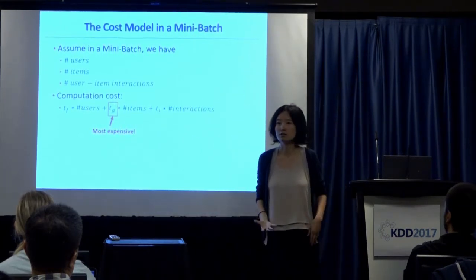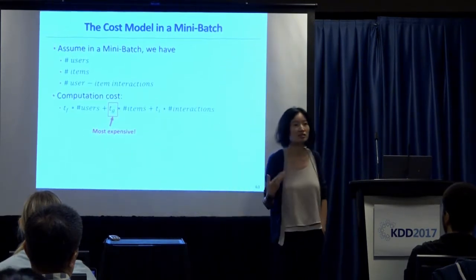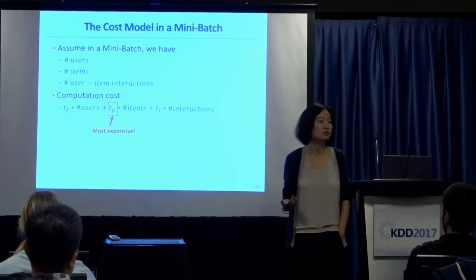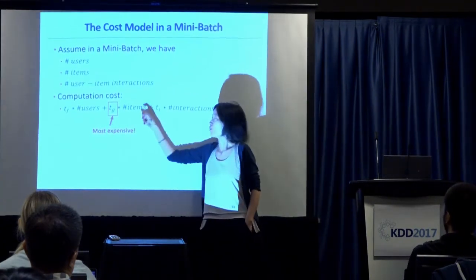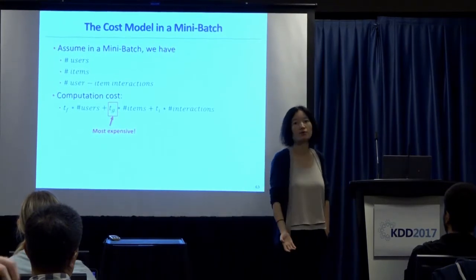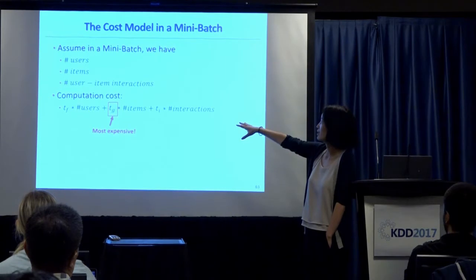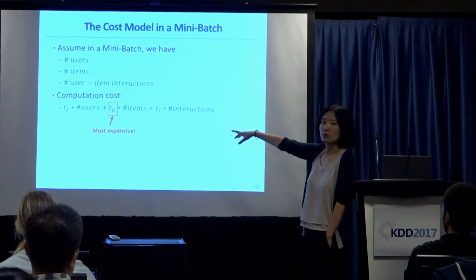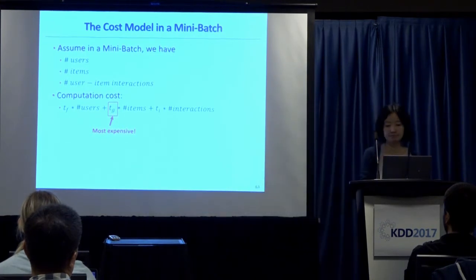That's the cost model. Since this item cost is sometimes 100 times more expensive than the other costs, this part plays the most important role in the computation. So if we look at this cost model, what we want to do is reduce the number of items in that mini batch.